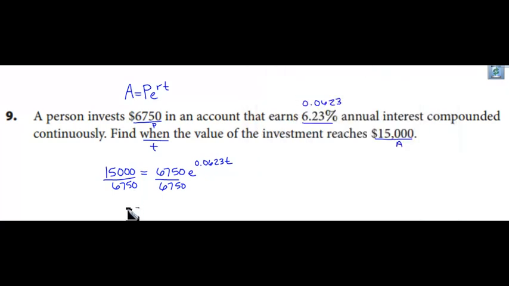For right now, we'll just write down the value. 2.2 repeating. So again, since I cannot make the bases the same number raised to a power, then logarithms is my best method to solve this. I'll take the log of both sides and I'll bring my exponent to the front as a coefficient.